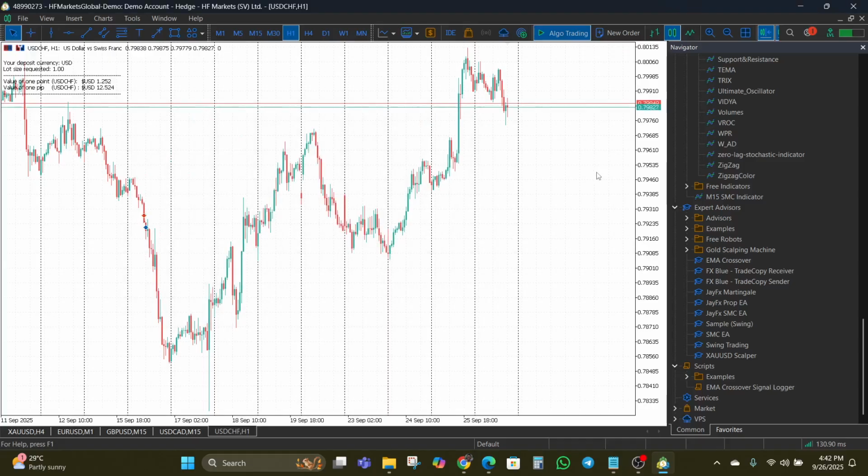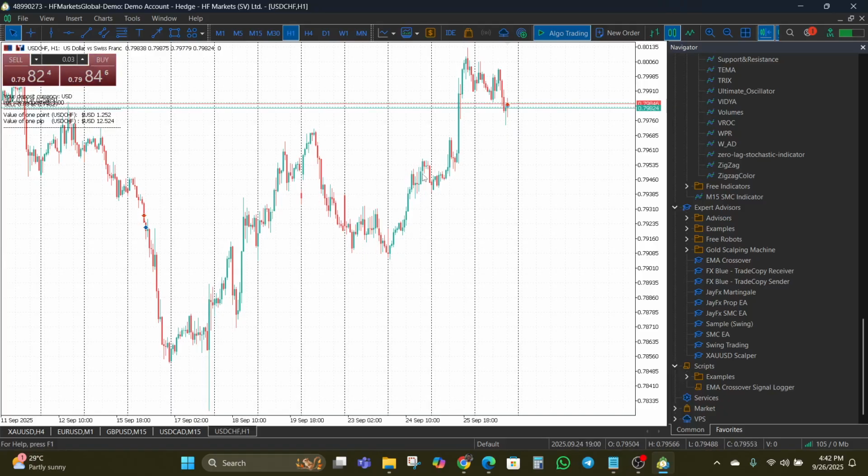For beginners, the key idea is that instead of manually clicking your buy or your sell button, your algorithm does it for you. So why do traders use algorithms? Algorithms can remove emotional trading decisions.